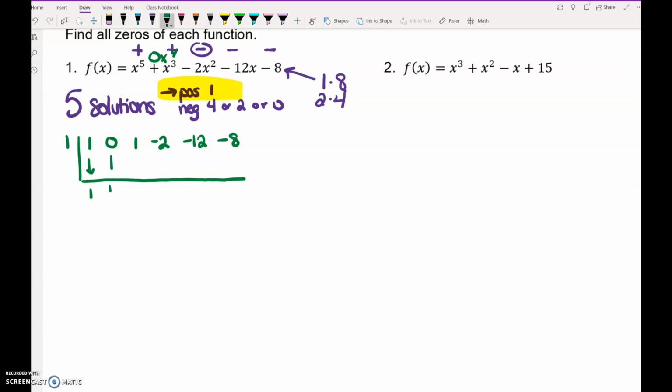Multiply and add, multiply and add, multiply and add. Usually when I get to here, I can tell if we're going to end up with 0. Are we going to end up with 0 on this one? No. 1's no good. Let's try 2.